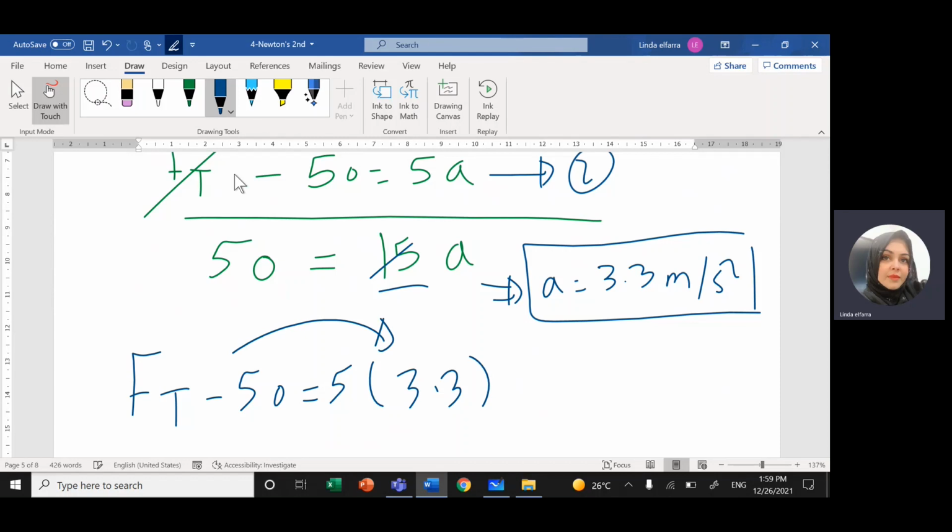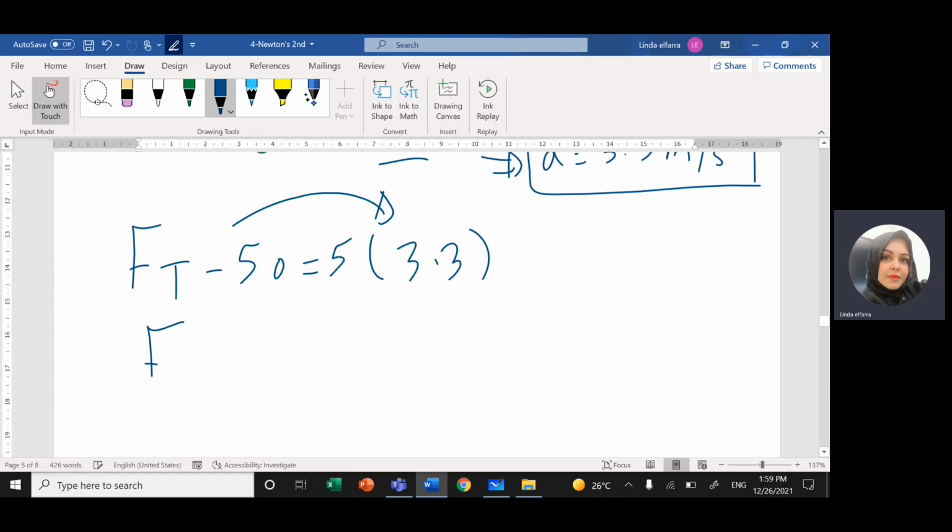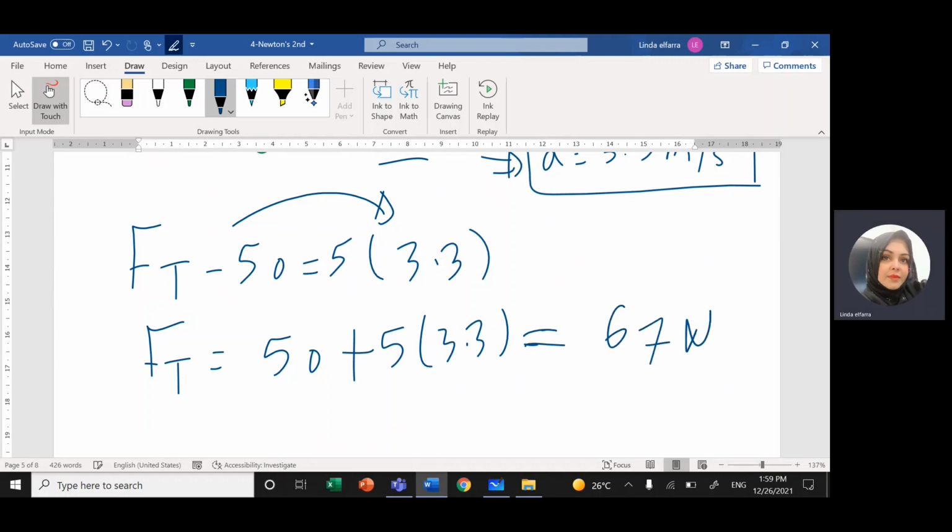Take this to the other side and add. So Ft will be 50 plus 5 times 3.3, and this will give us, after we round it, 67 Newtons.